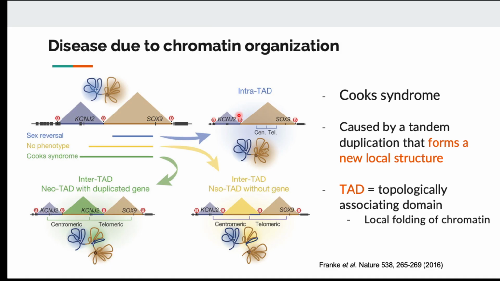But some DNA duplications result in disease because, on top of the duplication, the part of the DNA that is duplicated, as we will learn in a later part of this class, also forms its own independent 3D structure. With this independent 3D structure, it changes the regulation of the gene.